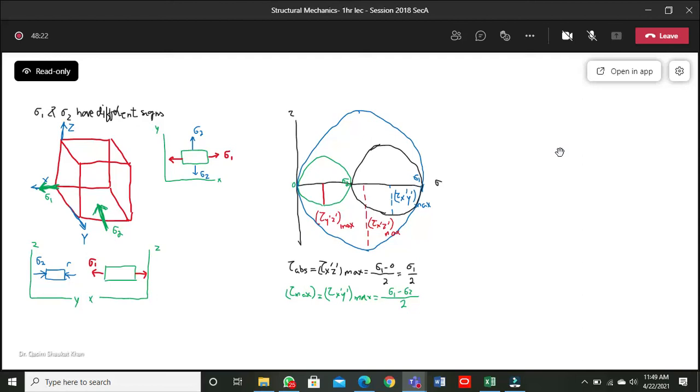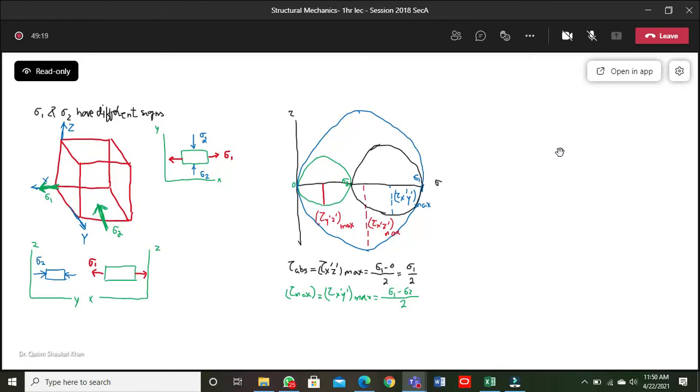Now let's draw the Mohr circle. First, sigma 2 is compressive, so it is negative.